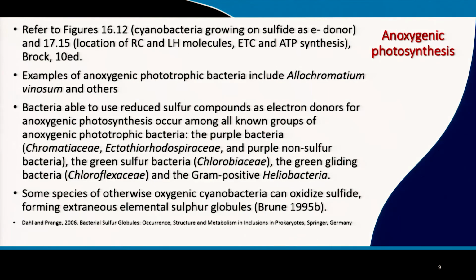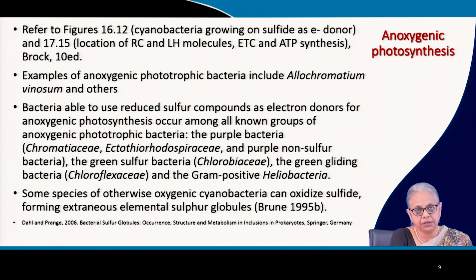So now that we know that cyclic photophosphorylation can happen, leading to anoxygenic photosynthesis, let's also take a look at some examples of various bacterial species that are capable of anoxygenic photosynthesis.